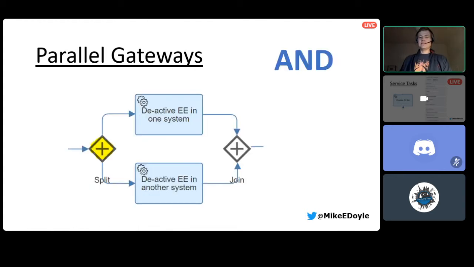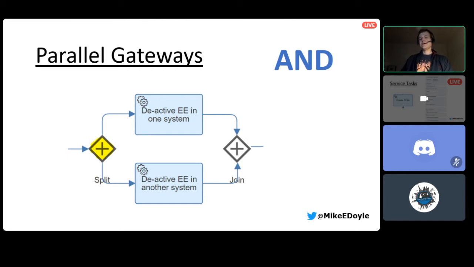All right, and the second type of gateway, this is the last slide in the introduction part. The second type of gateway is a parallel gateway. So now the key word here is and, because we always take both branches, hence a plus symbol you can see here in the actual gateway.